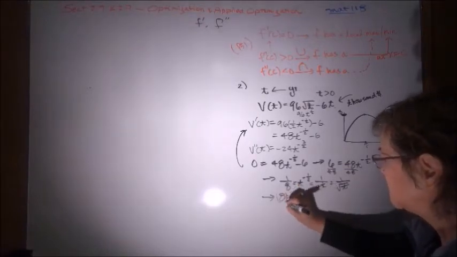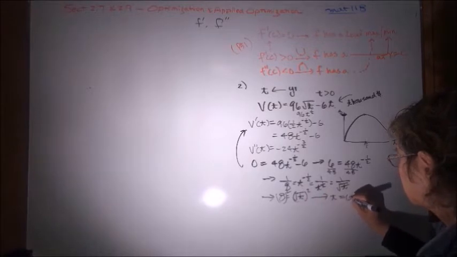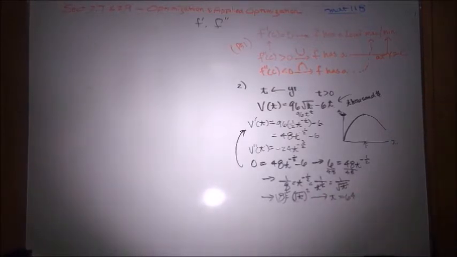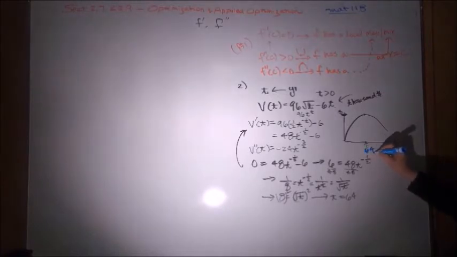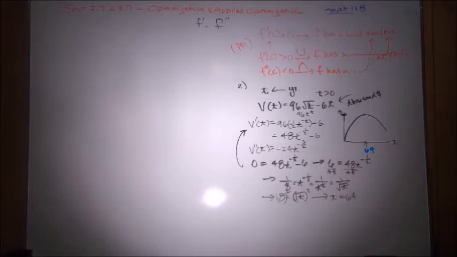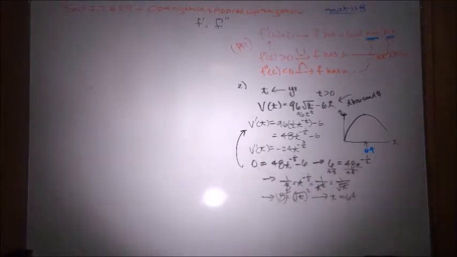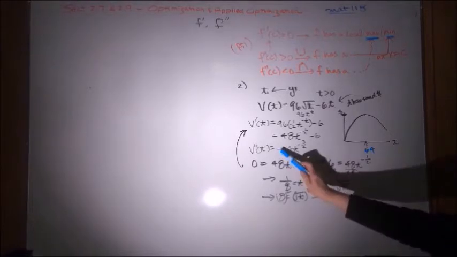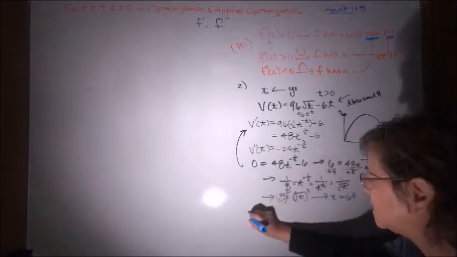Then you square, so your t is 64. So it's telling you at year 64, you might have a maximum or minimum value. We don't know which one it is. Then we need to use the second derivative to check.